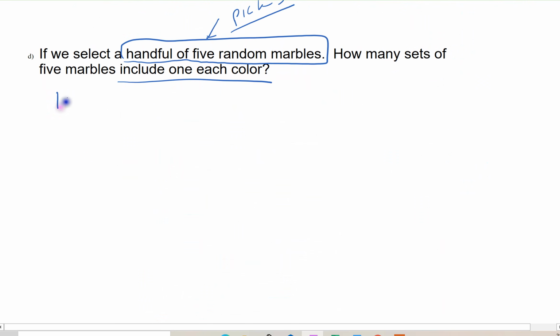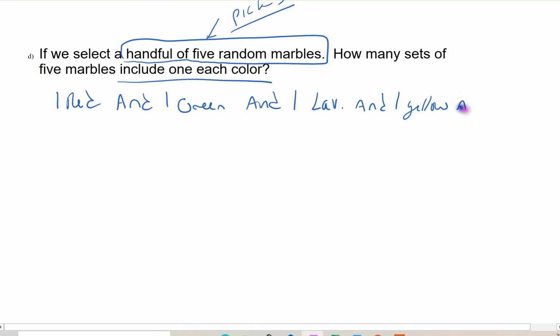Alright, so I want 1 red and 1 green and 1 lavender, 1 yellow, and 1 orange. 1, 2, 3, 4, 5. Make sure there are 5 there. And so these are all combination choose 1. So you can write, I'm going to write them down, but you could just do how many there are.